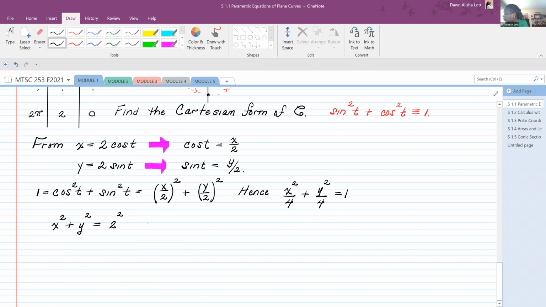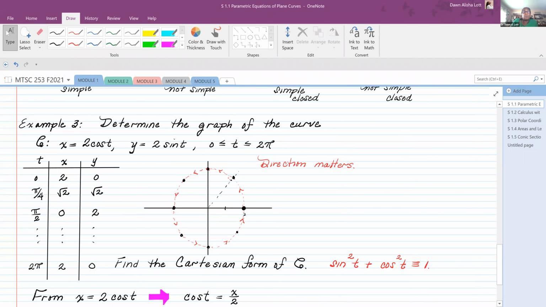So this is a circle of radius 2, r equals 2, and my center is 0, 0. So I started with just a very basic parametric equation for the curve. Then I did the long way. I said, let t equal 0 and find out what it does all the way around. And I was able to trace this thing going counterclockwise all the way around.